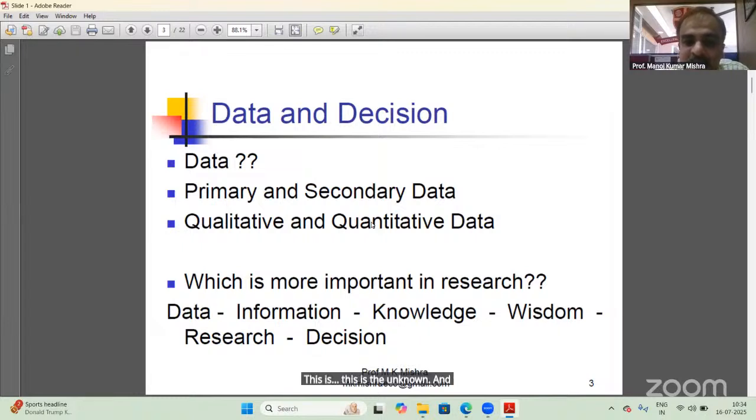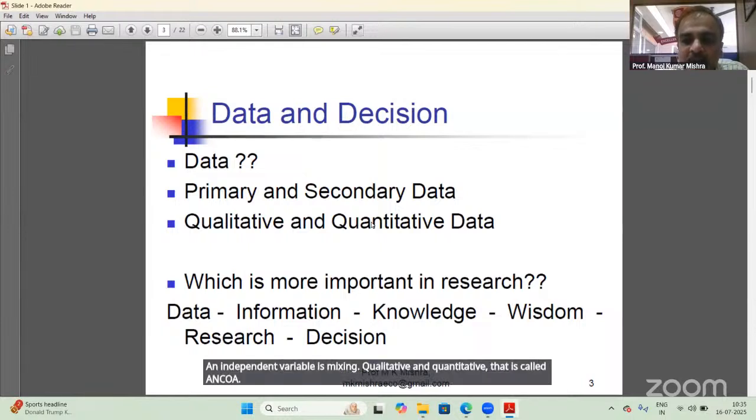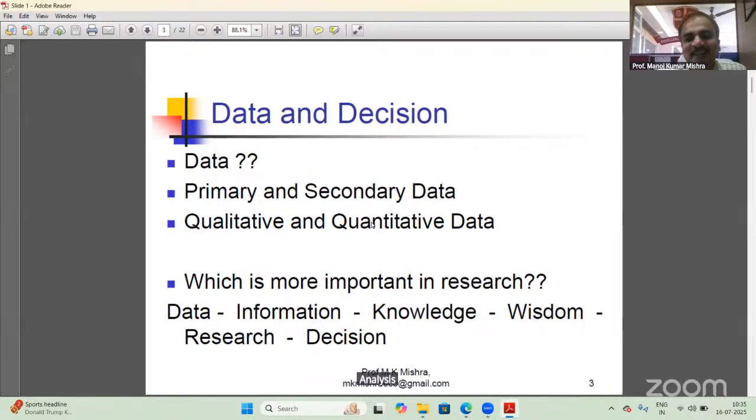And if the dependent variable is quantitative and the independent variables are mixed, qualitative and quantitative, that is called ANCOVA, analysis of covariance. This is the difference. Okay. So ANOVA, ANCOVA: analysis of variance, analysis of covariance.